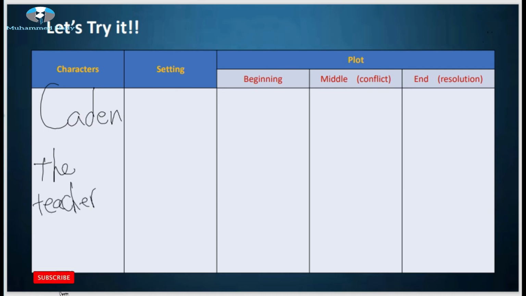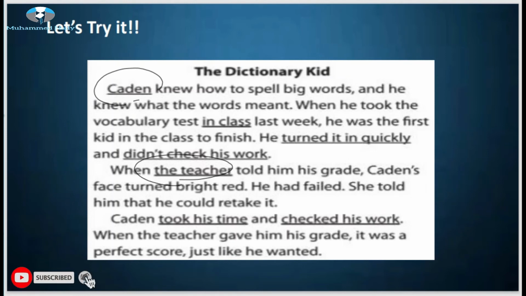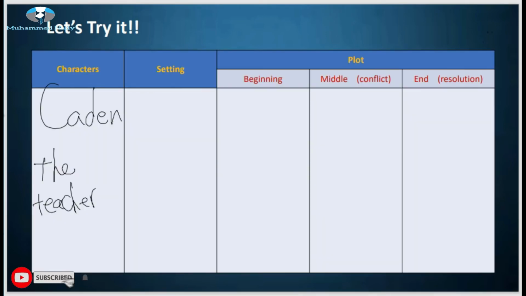Now what about the setting? When and where did this story happen? The story happened in class and it happened last week. So, the setting of the story, the place is class and the time is last week.